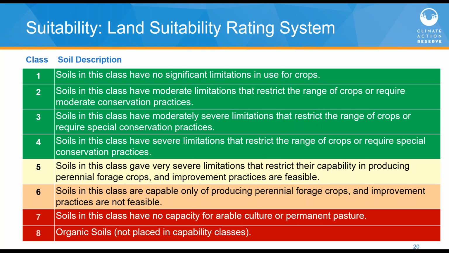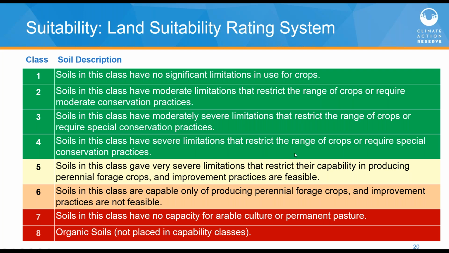5 and 6 tend to have more severe limitations for crop cultivation and would generally require additional effort to make them suitable. 7, those soils have no capacity for arable agriculture, and 8 are organic soils, which are not included.